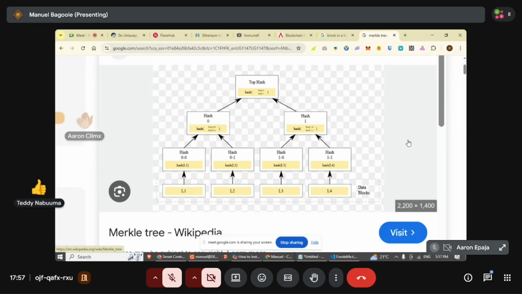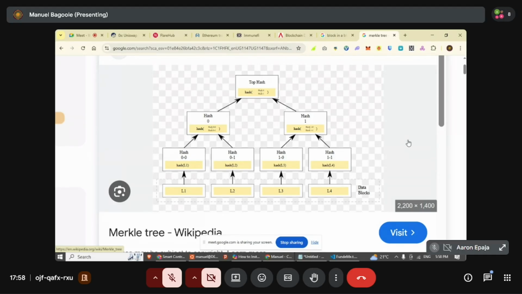So why it's important for us to have a Merkle root is that it compresses all the information of a certain transaction into its transaction hash. Now you have all the transaction hashes comprising all the different transactions in a certain block.